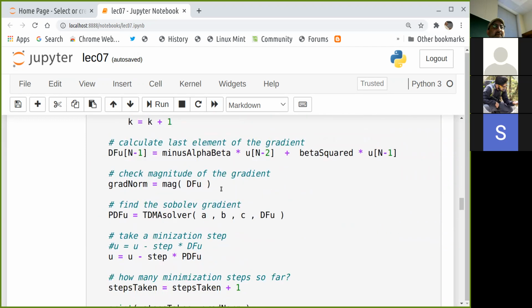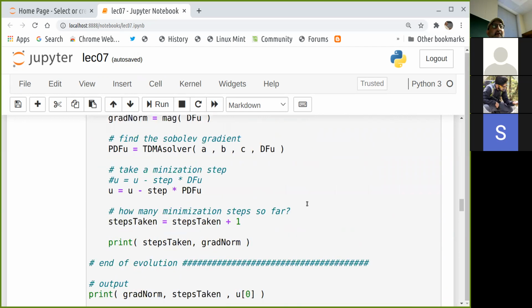I'm checking its magnitude. And now the extra step this time is that I use the Thomas algorithm solver to calculate using the lower diagonal, main diagonal, and upper diagonal.